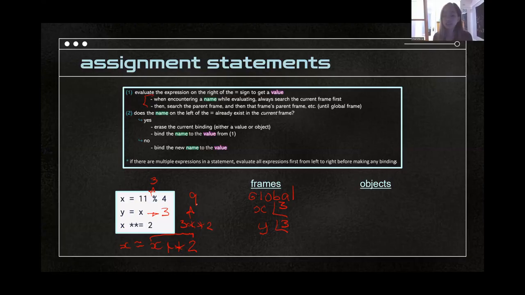Now step 2 wants us to check whether x already exists in the current frame, and we find that it already exists in the current frame over here. This time, we need to erase the current binding, so we erase the 3 and bind the name to the value we recently got, which is 9. So that's the environment diagram for these assignment statements.